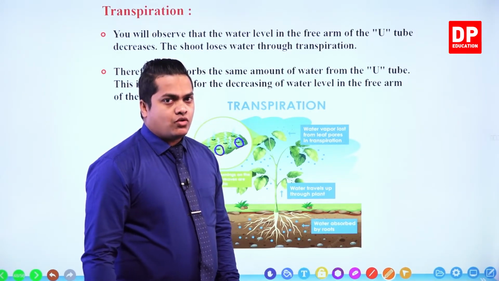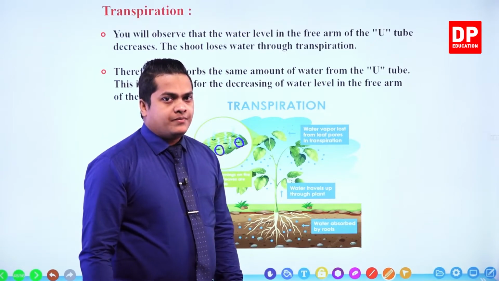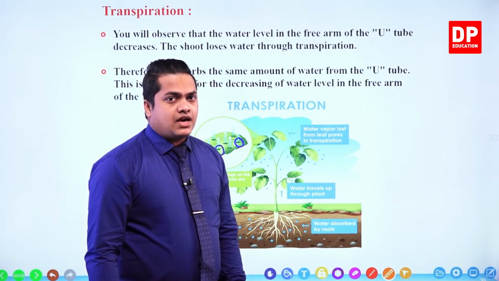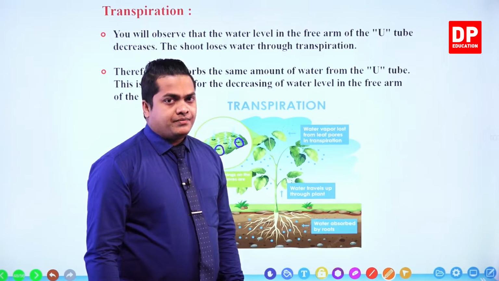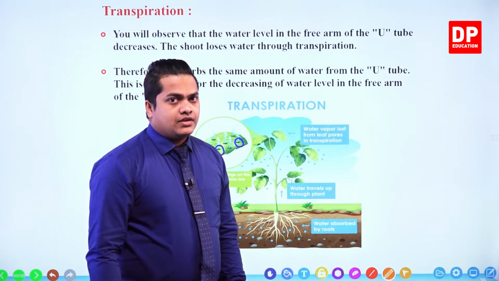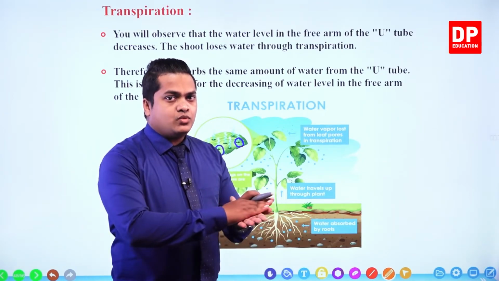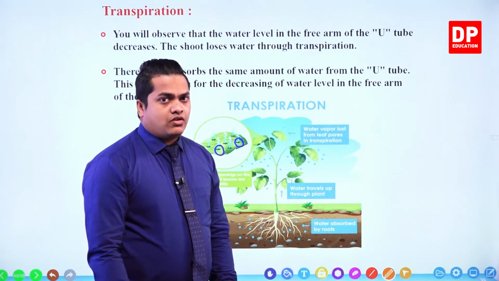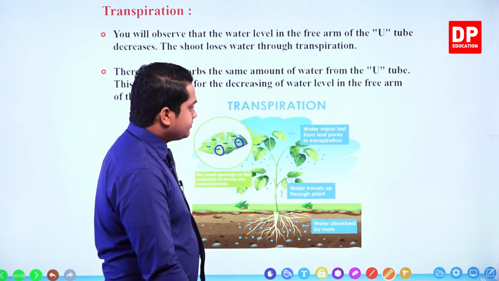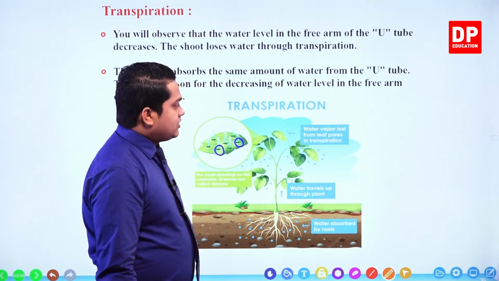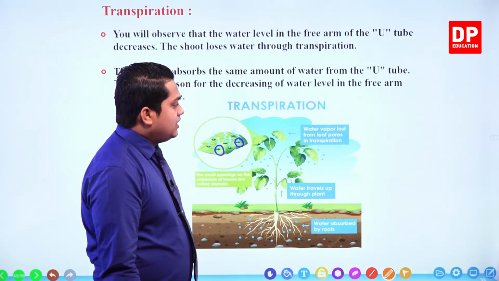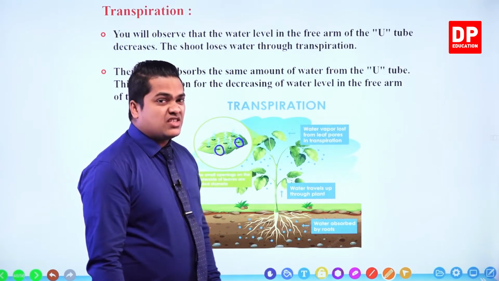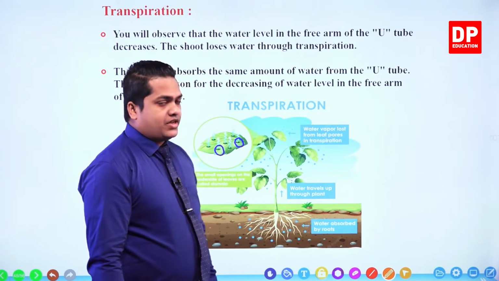Micro means very small. We can observe these only under a microscope. On the surface there are holes, but microscopic holes, stomata. So water vapor is lost from leaf pores, and leaf pores means stomata, in transpiration.